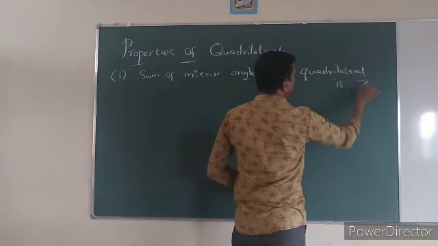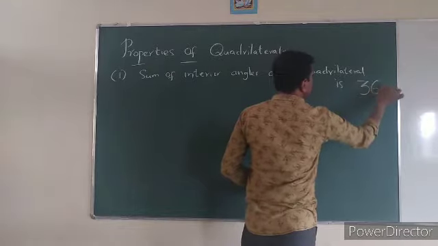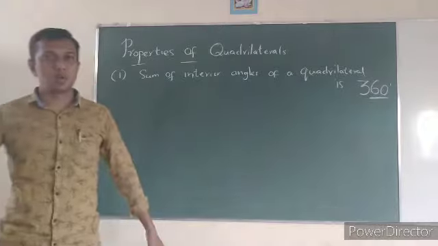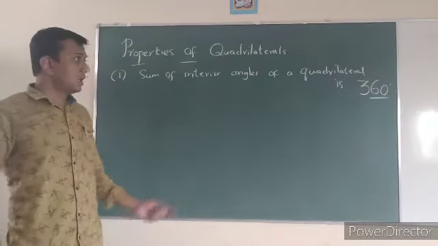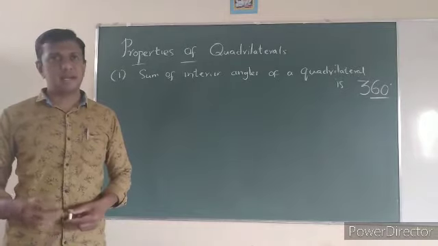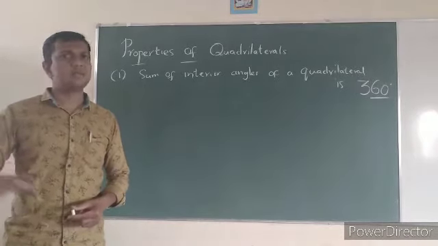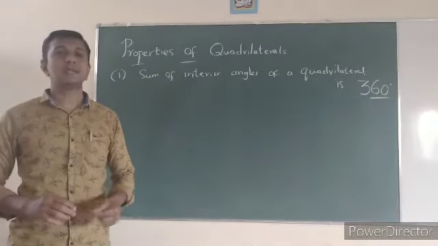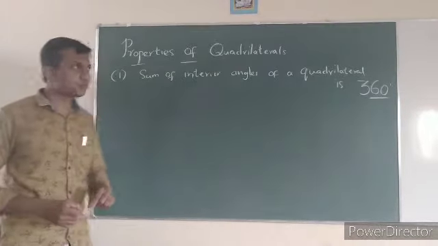How much is it? 360 degrees. We did some problems also last time. Today, apart from this, we will discuss the types of quadrilaterals and the properties related to them.